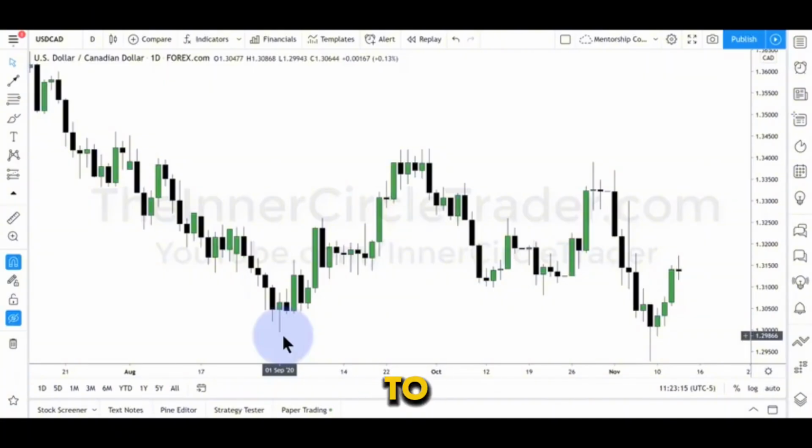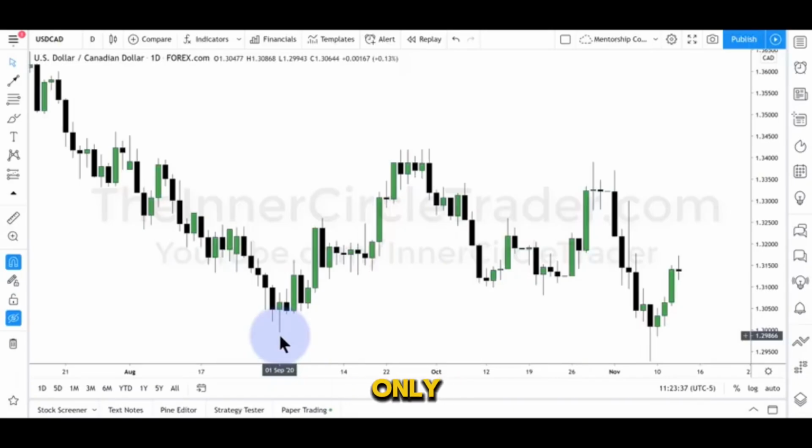So I want you to think about that low with the target or bullseye of the price wanting to go down to that level to attack the liquidity that rests below that low. Now, it may take months before it gets to this low, but if it gets to this low, this is what I want you to start looking at.